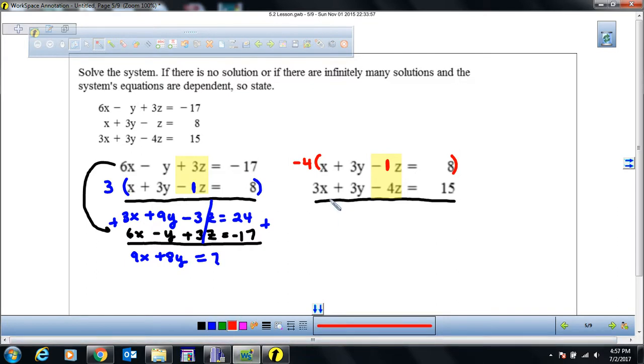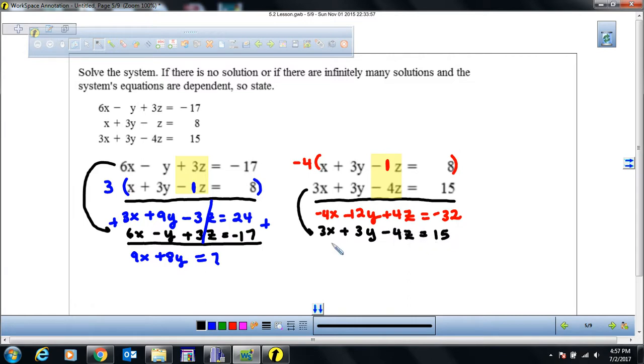Now we're going to do the same thing here. -4 times x is -4x. -4 times 3y is minus 12y. -4 times -1z is positive 4z, and that equals -4 times 8, which is -32. Now I'm going to add that to this equation. 3x plus 3y, okay, then minus 4z equals 15.